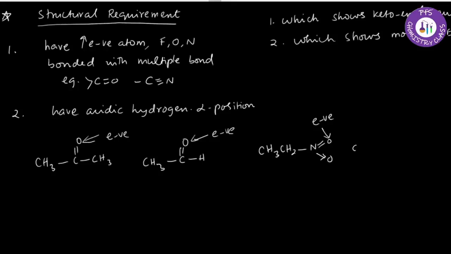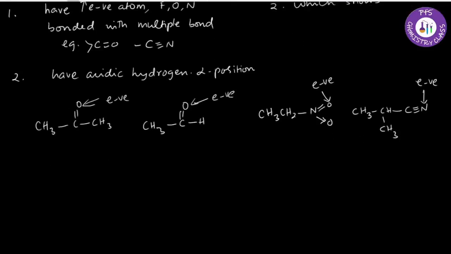Similarly, if you have say CH3 with a C triple bond N, a nitrile, this is more electronegative, and therefore these types of compounds will exhibit keto-enol tautomerism.